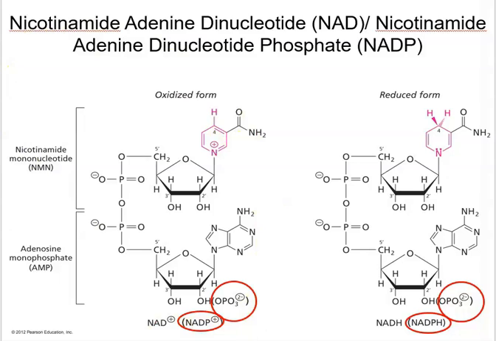Here's an important co-substrate, NAD and NADP. On the left is the oxidized form, and the difference here is if you have the NAD versus the NADP, this is phosphorylated. So that's the difference between that.